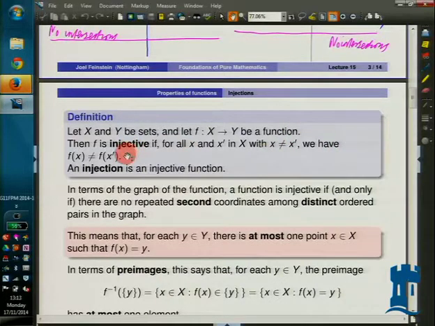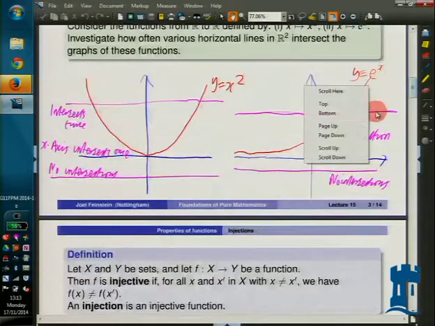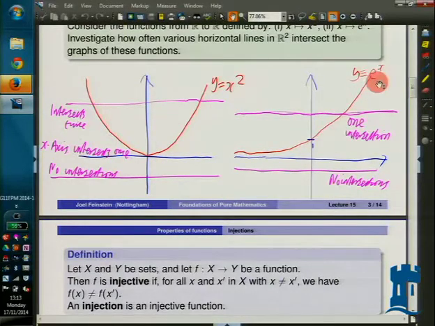It means that whenever you've got two different x values, call them x and x prime, they must be sent to different y values, f of x and f of x prime. So if x is not equal to x prime, we must have f of x not equal to f of x prime. The e to the x curve satisfies that, whereas x squared doesn't. So e to the x is the example of an injective function here.